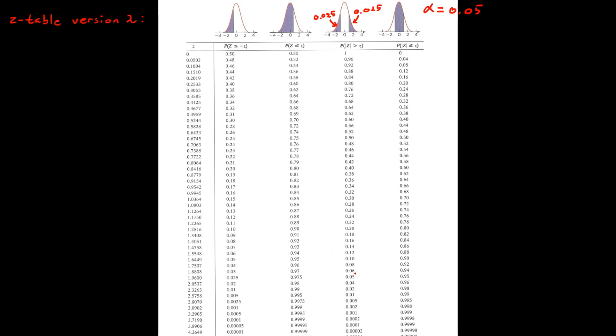Then you go down here and find the total probability of these two tail probabilities, and you have the often used critical value of 1.96, which means that if your estimate is more than 1.96 standard errors away from the null hypothesis, you are led to reject the null hypothesis because it's not very likely to be true, and you keep the alternative hypothesis.